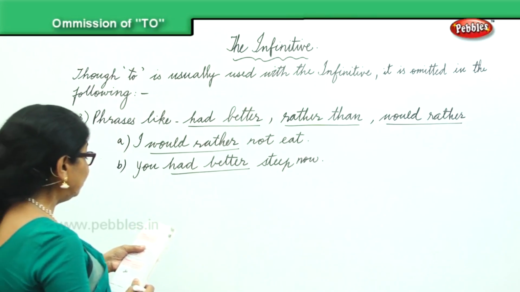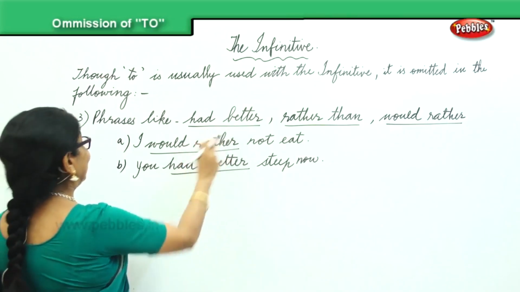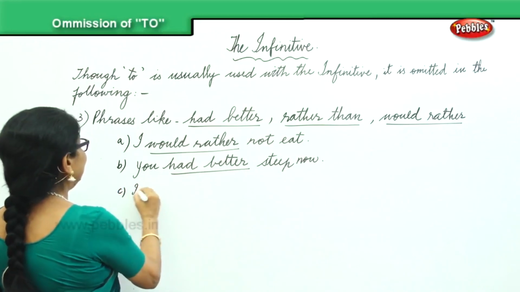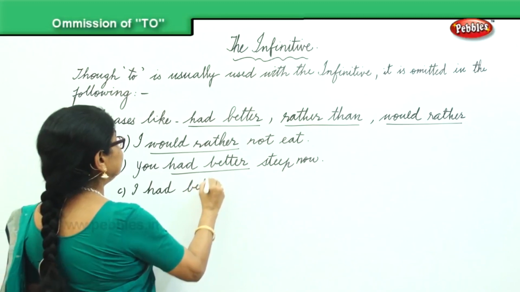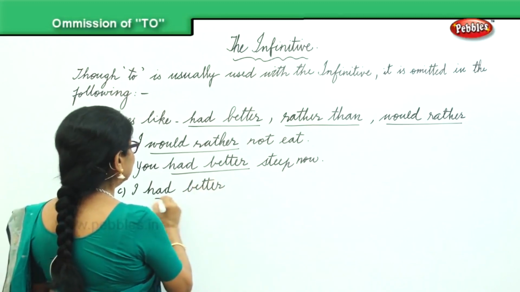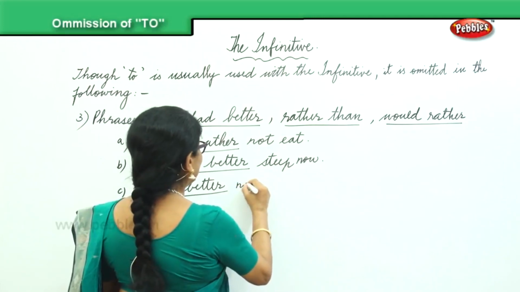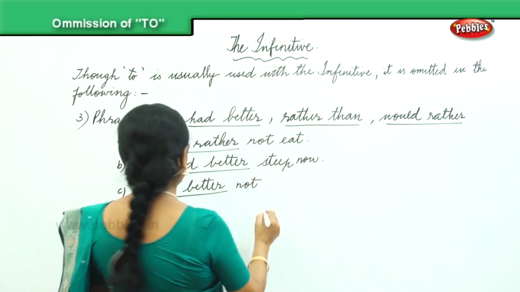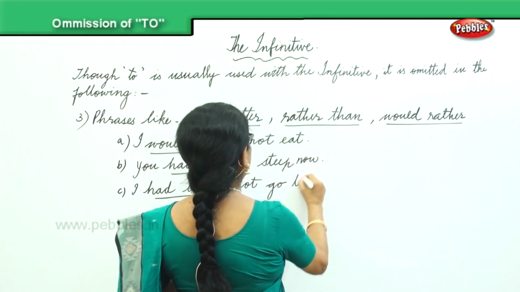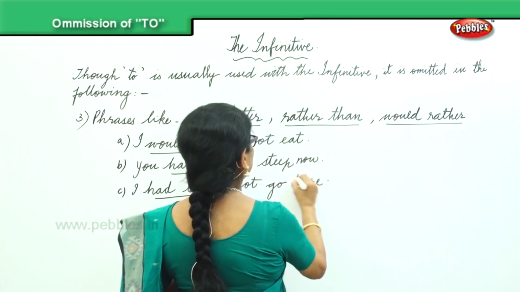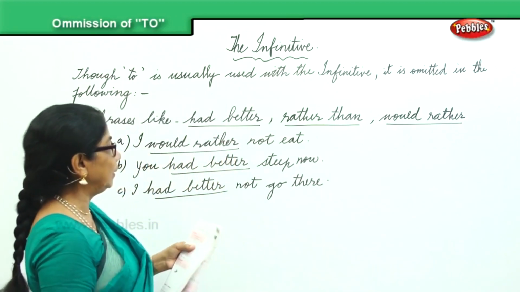I had better not gone there. I had better not gone to that place. I had better not go there. I had better not meet him. Okay.